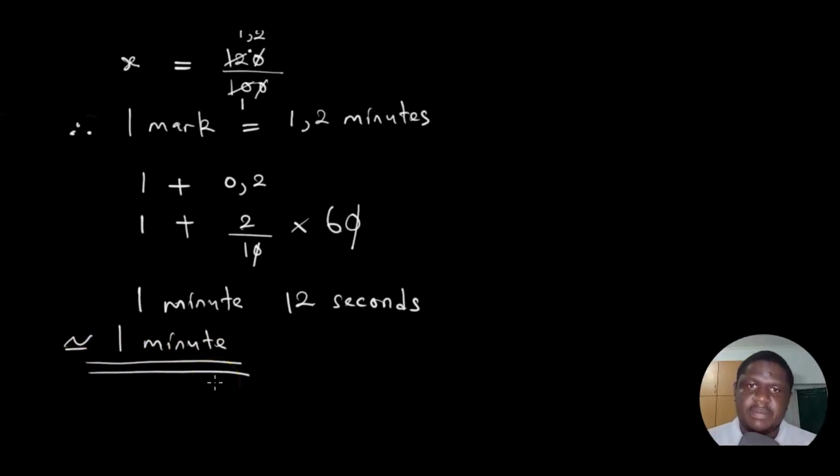So this is the style of the O-level paper we are using. This advice is going to work for any paper you are going to write, be it mathematics or any other subject, but we are using an example of mathematics. From this example, we have deduced through calculation that 1 mark should be answered in 1 minute.